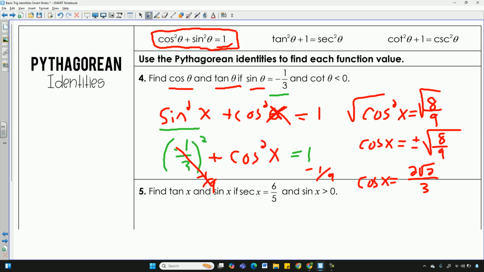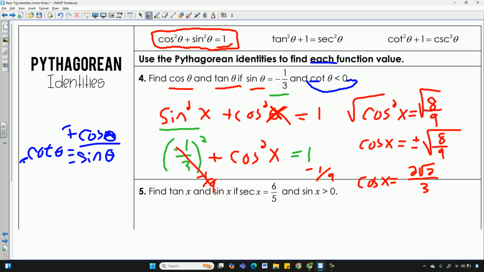Here's my question. If cotangent of theta is negative, and that's cosine over sine, then that means that, well, we saw that sine was negative, and this is negative, right?